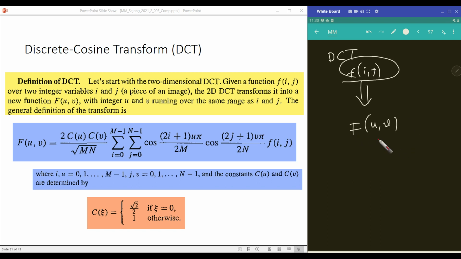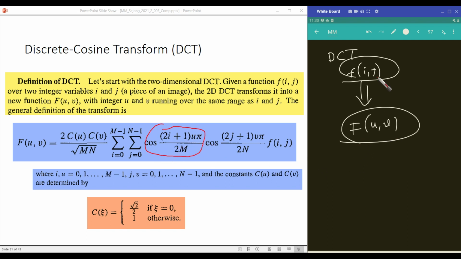We can call the first the time domain image and the second the frequency domain image. Now, what does this two-dimensional conversion look like mathematically? It's essentially the same thing, but now we have both the first and second dimensions, for i and j, or for u and v. For i or u, we have the cos of (2i plus 1) u pi over 2m, the same.